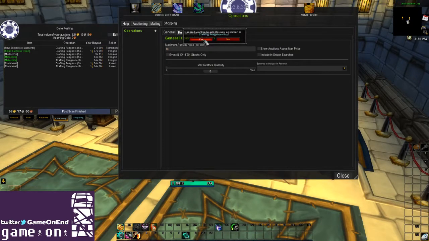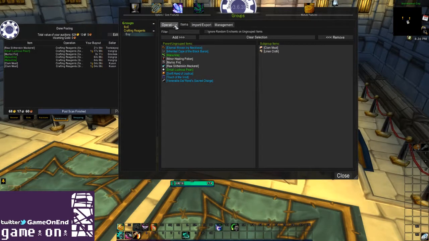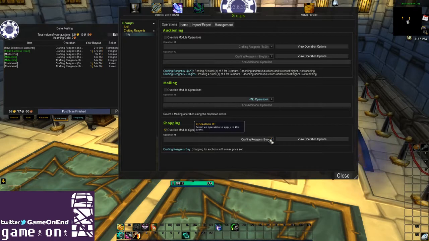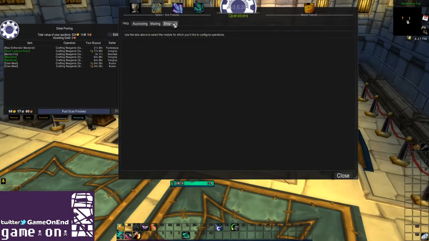Okay, and we will hit yes. What this has done is offered to automatically apply this shopping operation to the group because we clicked through to it. Now, you can always go to these groups and add it here manually, but it offered to do it because we added it here. So we click over to our operations.